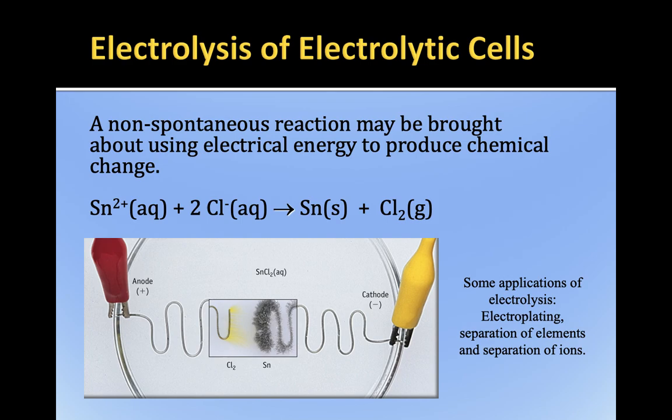It also is how we actually get reactive elements back out of their ionic solution compound. So for example, here we've got tin(II) chloride. By running electricity through here, we actually have the tin plated out at the cathode. Our cathode is our reduction, gaining of electrons. So our tin 2 plus, Sn2+, is turning back into our regular old tin.